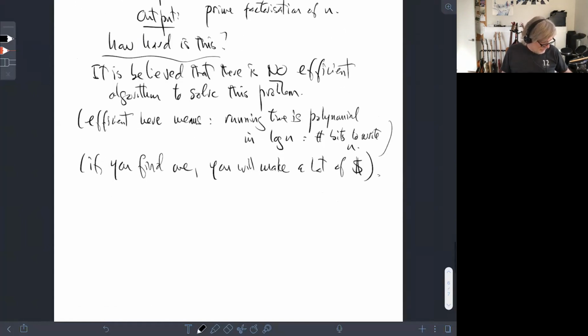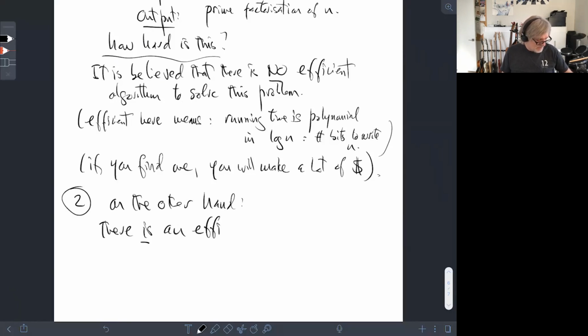Now, the second remarkable fact. About 20 years ago, in 1994, Peter Shor proved there is an efficient algorithm to factor.